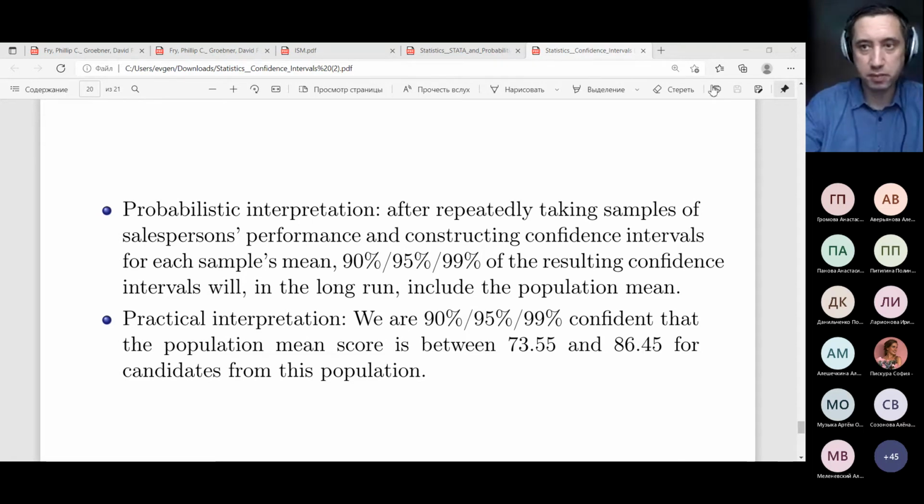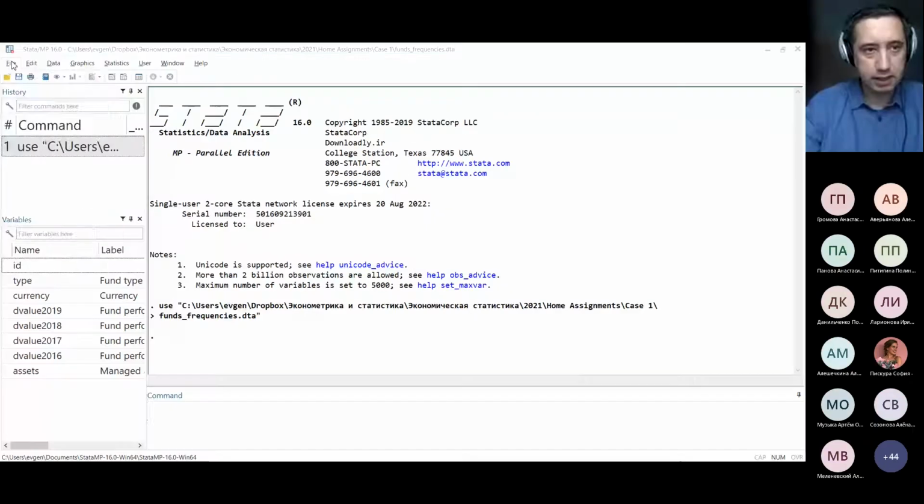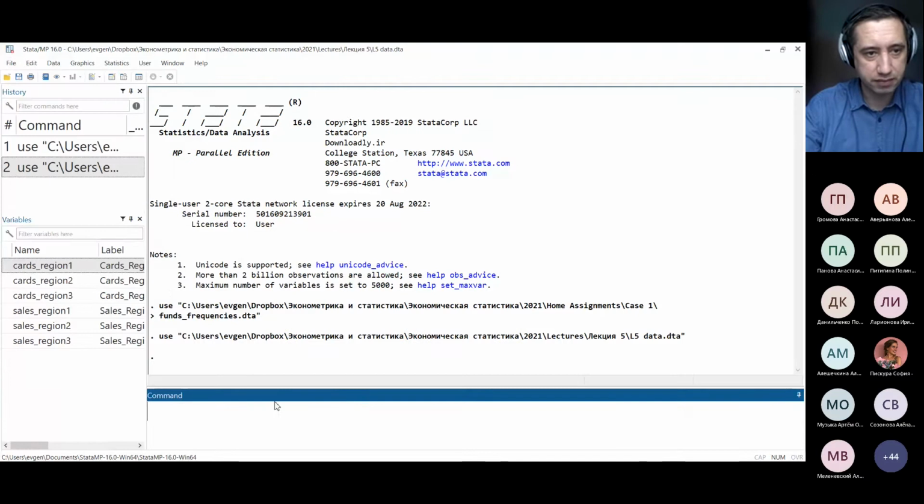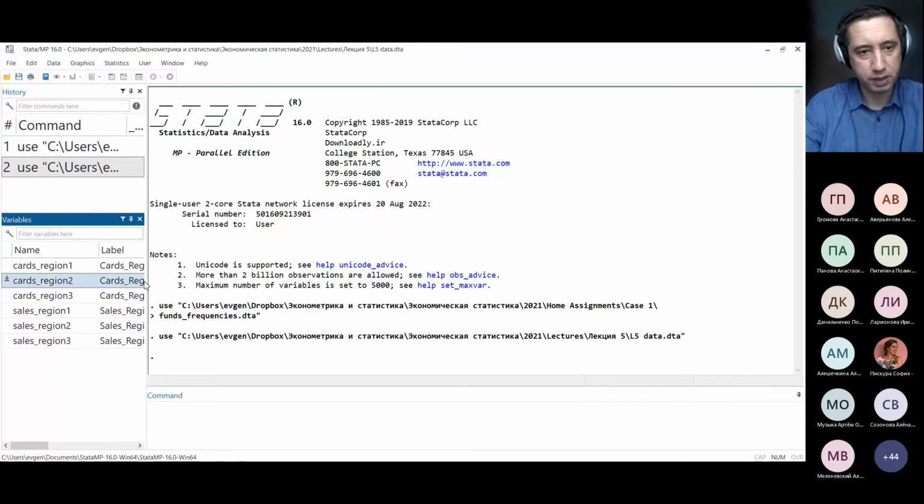We use programs. Now, everyone, please open Stata. And in Stata, let's open our dataset from the last lecture, L5 data. Please open L5 data.